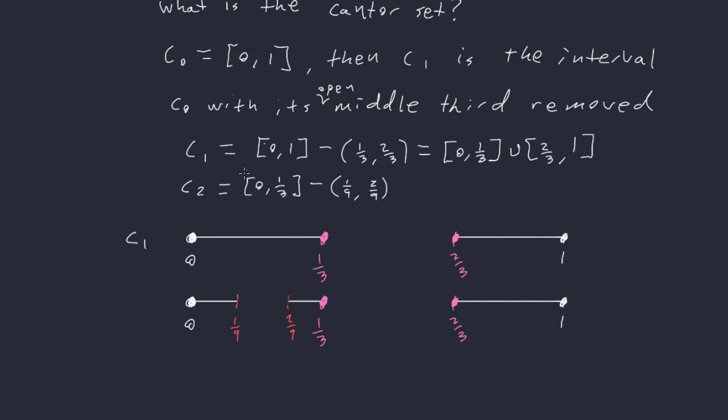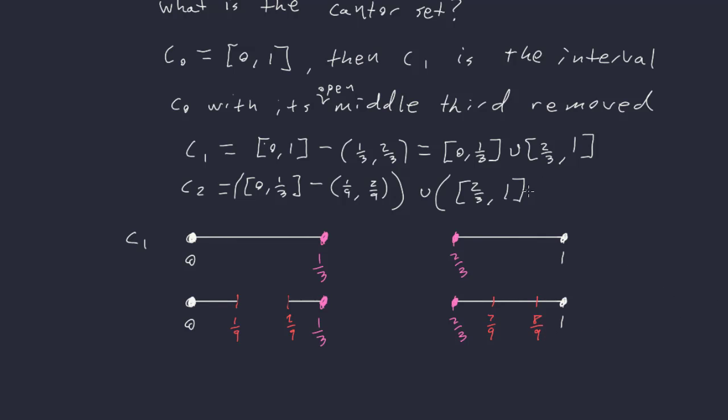Okay. And then we're also removing the middle third of this second piece. All right, so we'll cut this into thirds. All right, so 2/3, that's 6/9. So this should be 7/9, 8/9, and this, of course, would be 9/9.